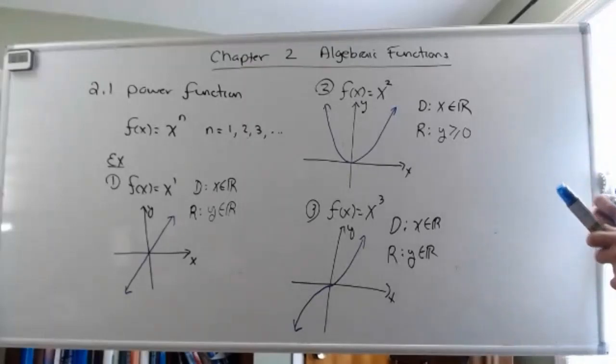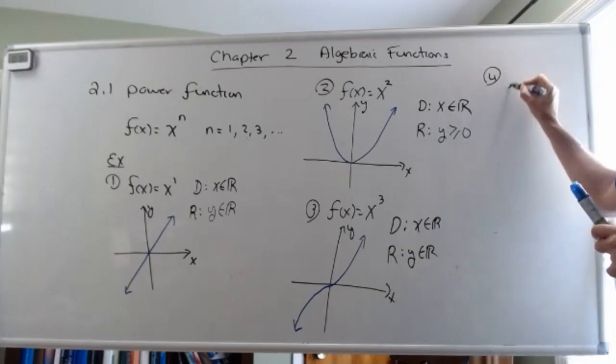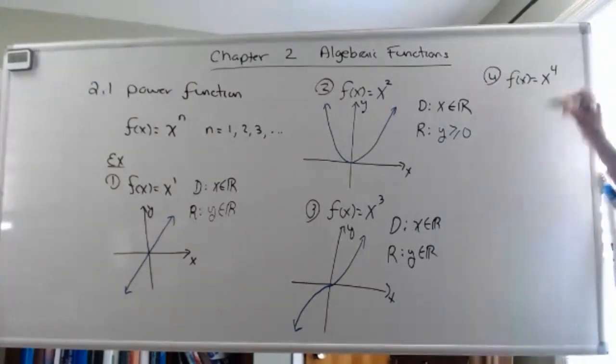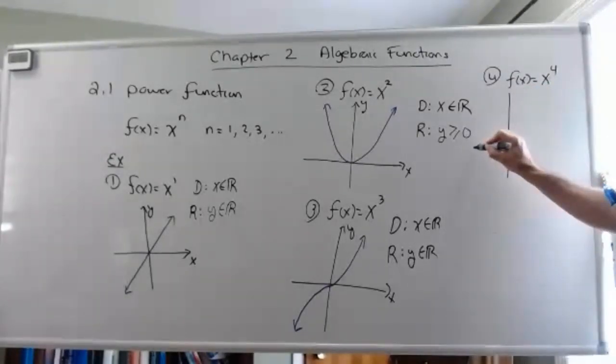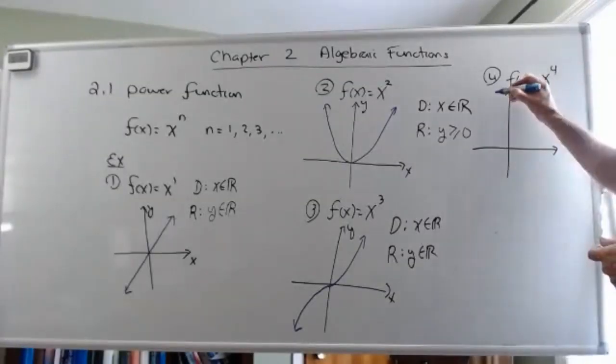Let's do a couple more, and you might see a pattern that develops. So let's take my f of x equal to x to the 4th power. Plug it in over here into our little device, whatever it is, a computer or a calculator. It'll look something like this.